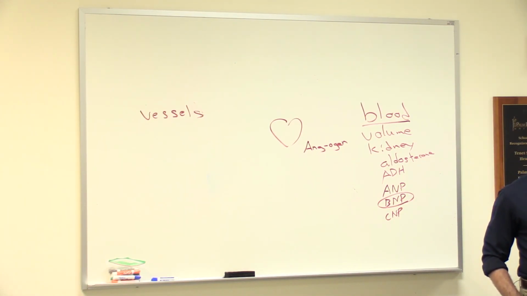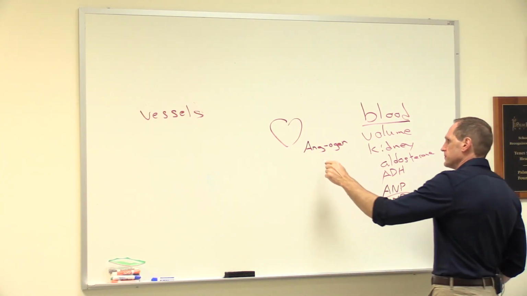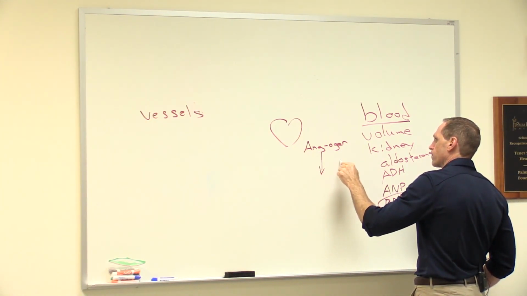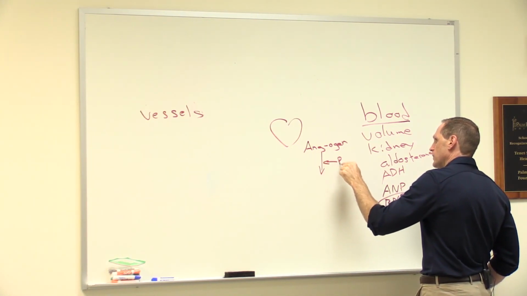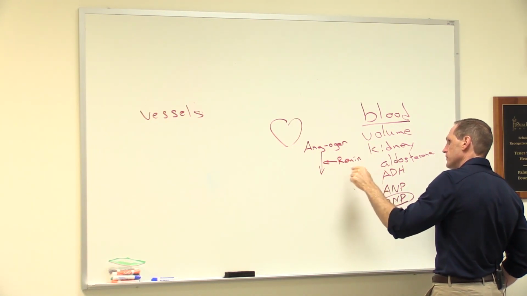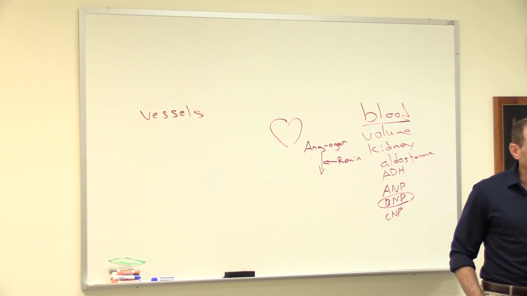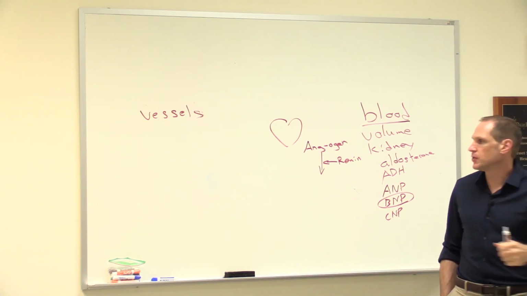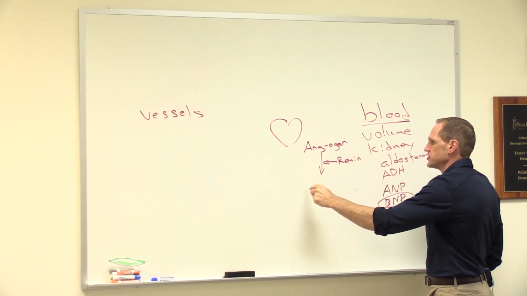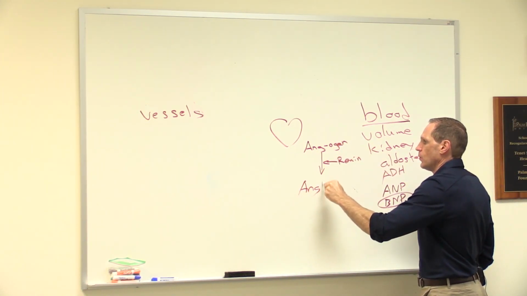So angiotensinogen becomes angiotensin. Angiotensinogen is produced by your liver, floating around in your blood waiting to be activated. And when it gets activated, what activates it? Renin, or renin? What's the right way to say it? Heck if I know. So, renin is an enzyme that is going to turn angiotensinogen into angiotensin 1.